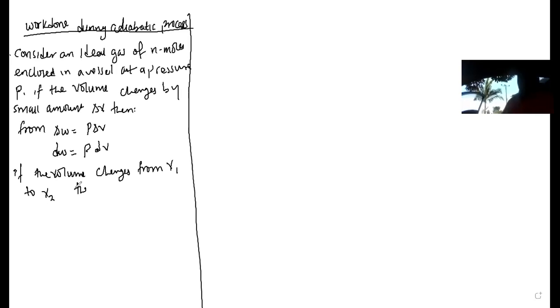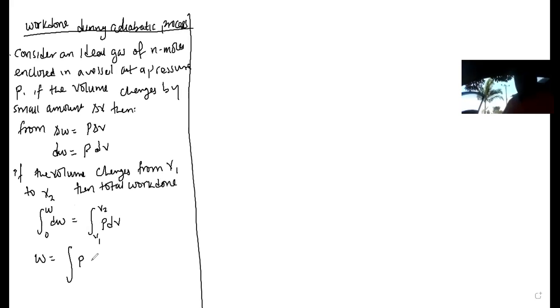Then the total work done will be the integral of dW, which is equal to the integral from V1 to V2 of PdV. So the work done will be the integral of P dV from V1 to V2.